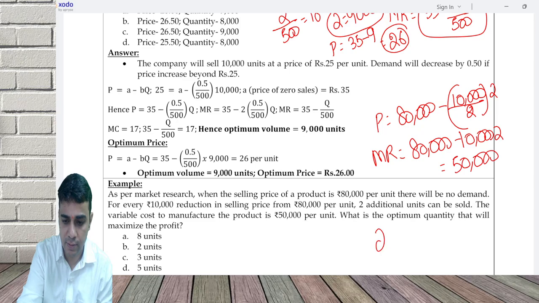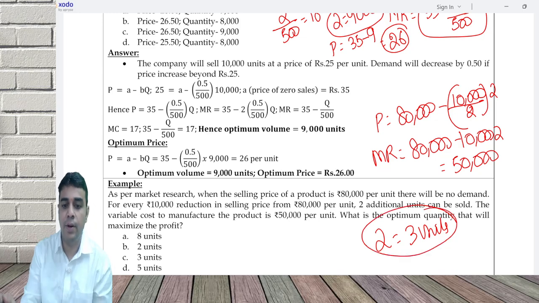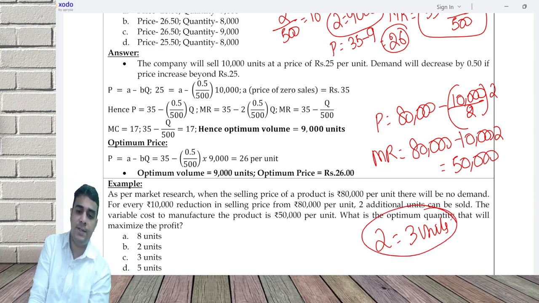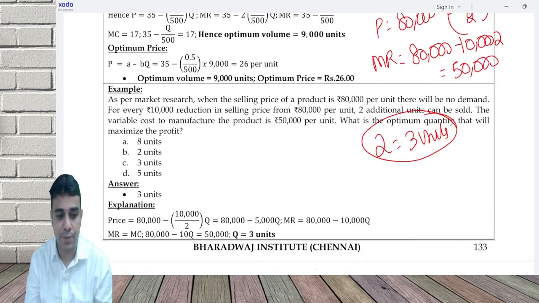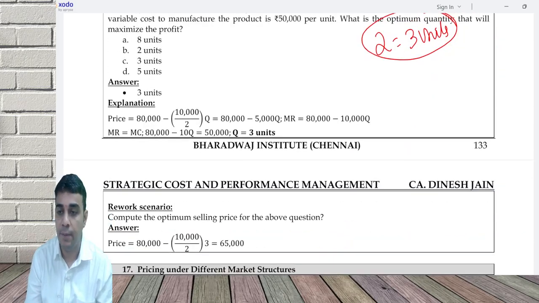What's the answer? 3 units. And if I have to calculate price, it will be some 65,000. 3 units is the answer. Any doubts on the concept? Clear? Compute the optimum selling price, 65,000, that I've already discussed. Any doubts on this?